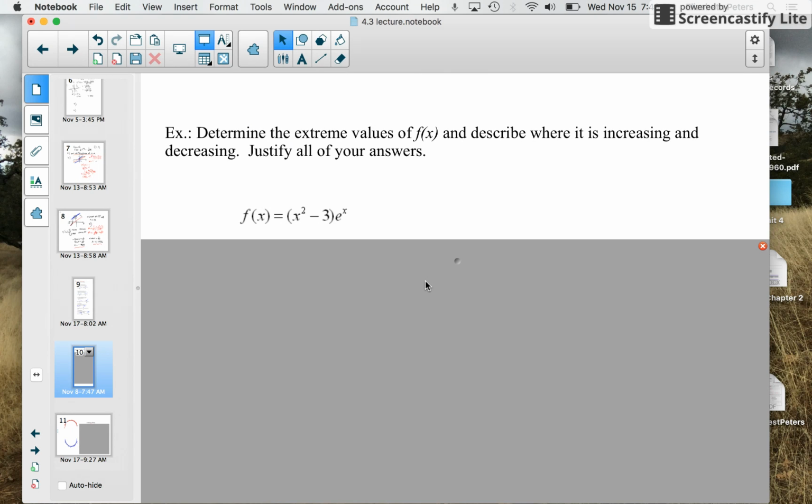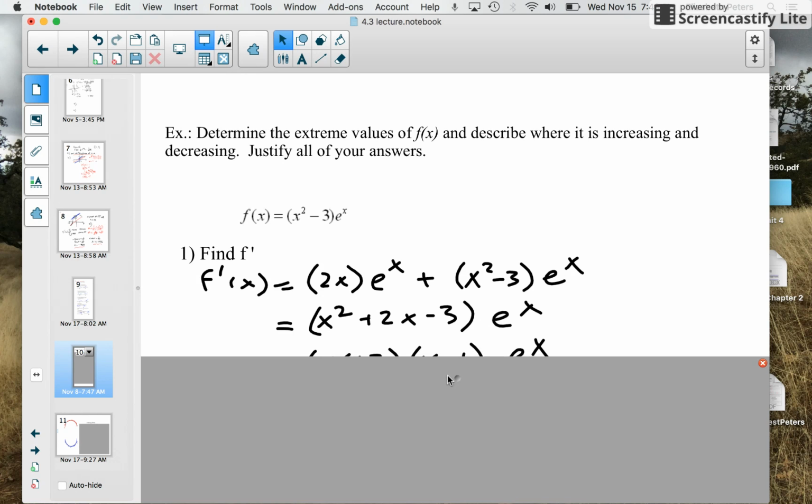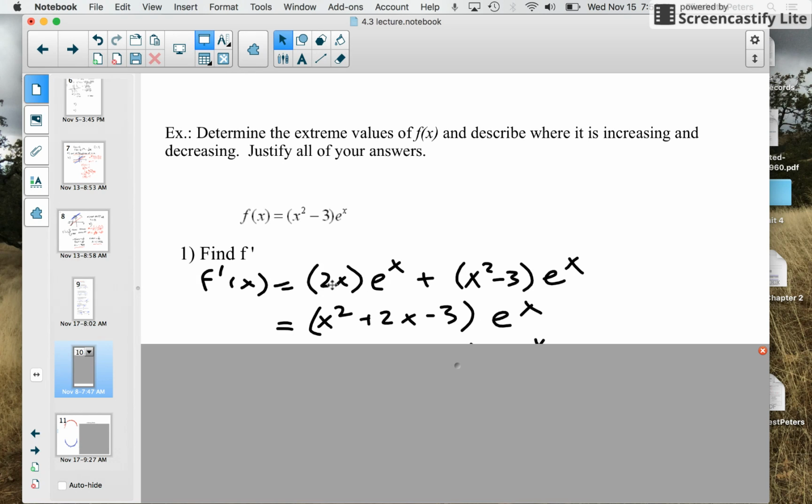All right, let's do an example. So we want to determine the extreme values of f of x and describe where it is increasing and decreasing. So the first step is we're going to find the derivative of the function. So for this one, we used the product rule.